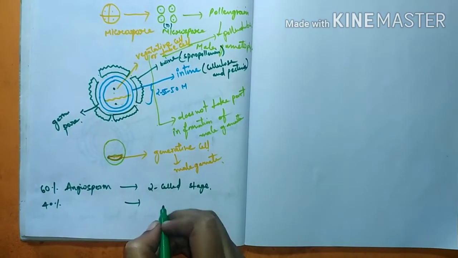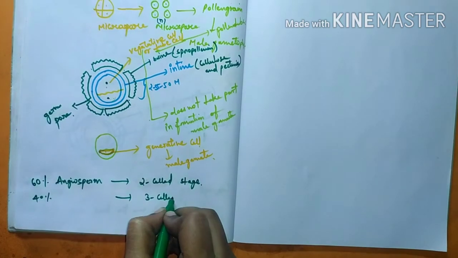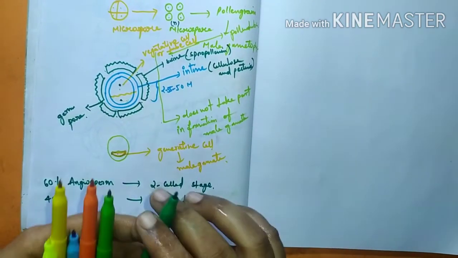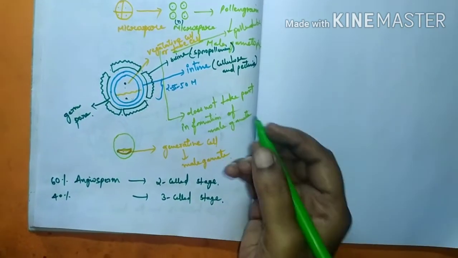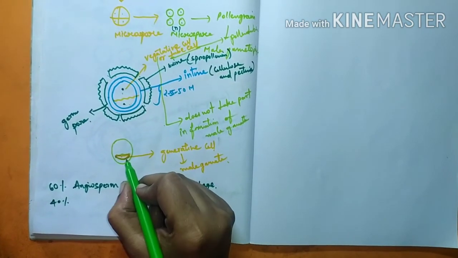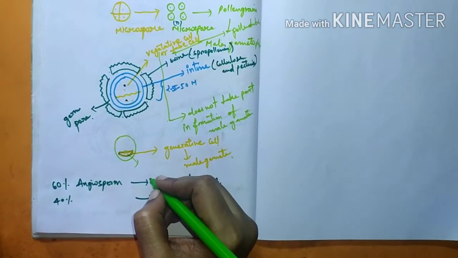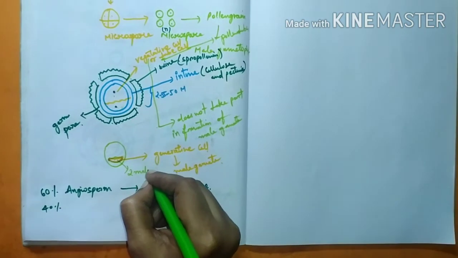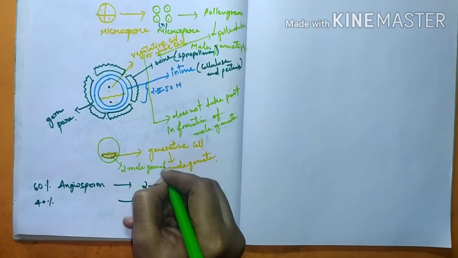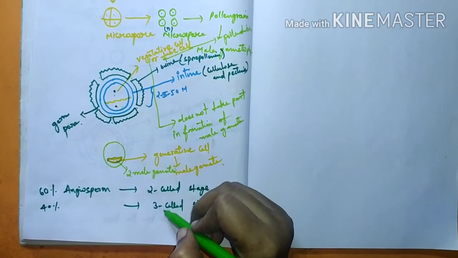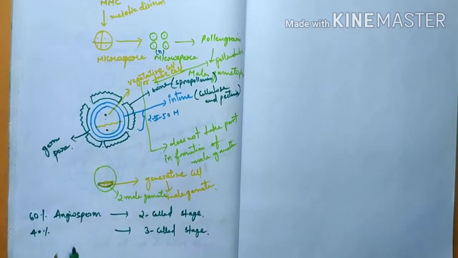These are shed at the three-celled stage. In the generative cell, the cell divides again by mitotic division and two male gametes are formed. So the remaining are shed at the three-celled stage.